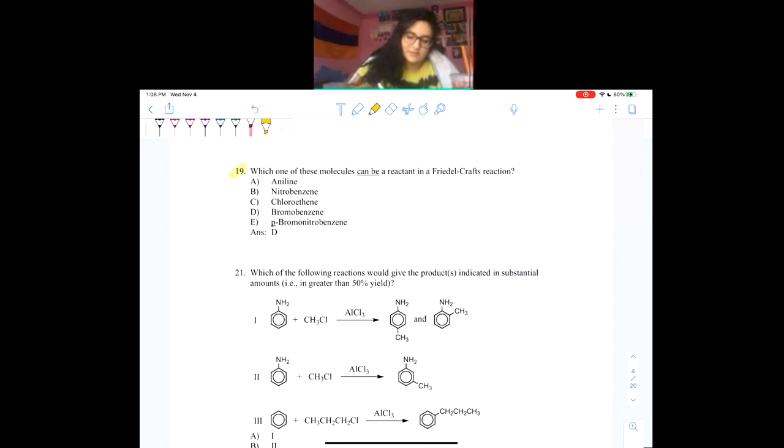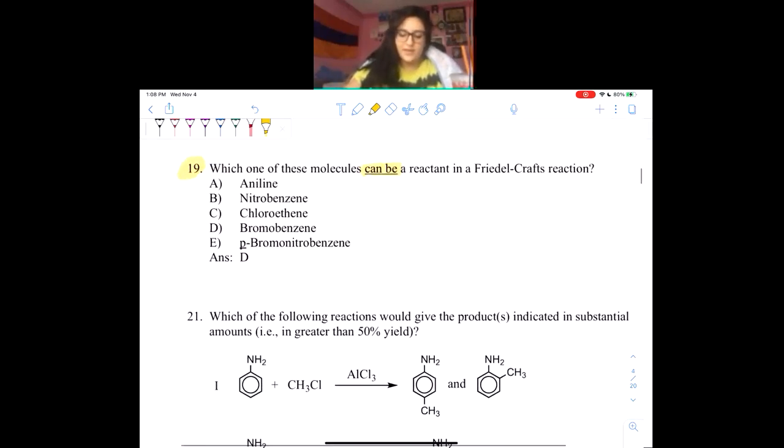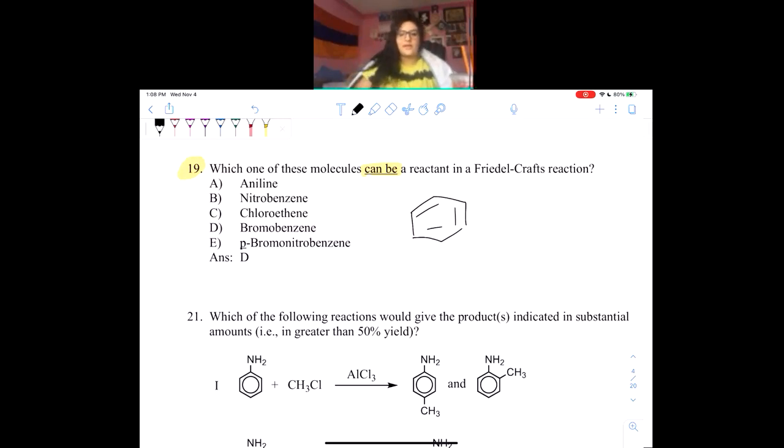Okay, this is a good one. Which of the following molecules can be a reactant for Friedel-Crafts? I chose this one because it has some of the naming stuff that we talked about. So, does anybody know what an aniline is?